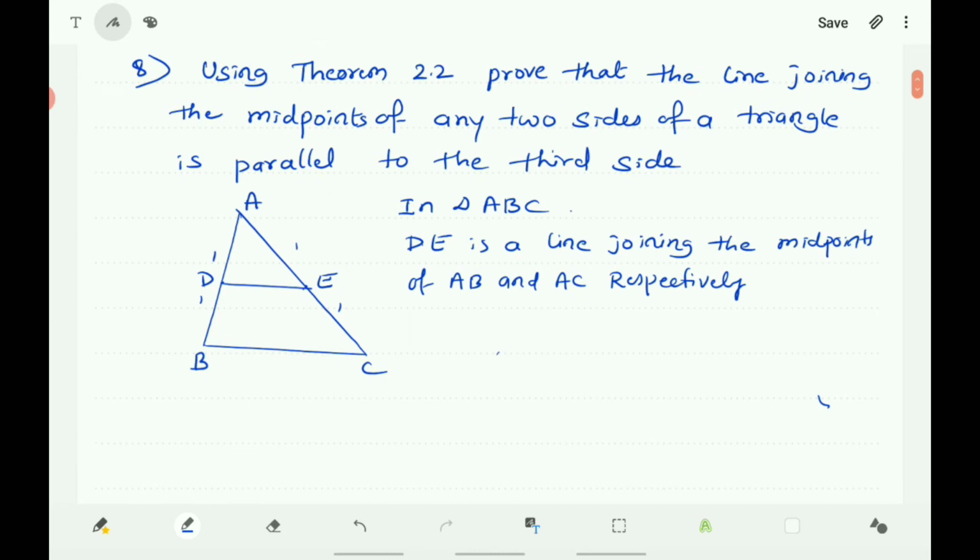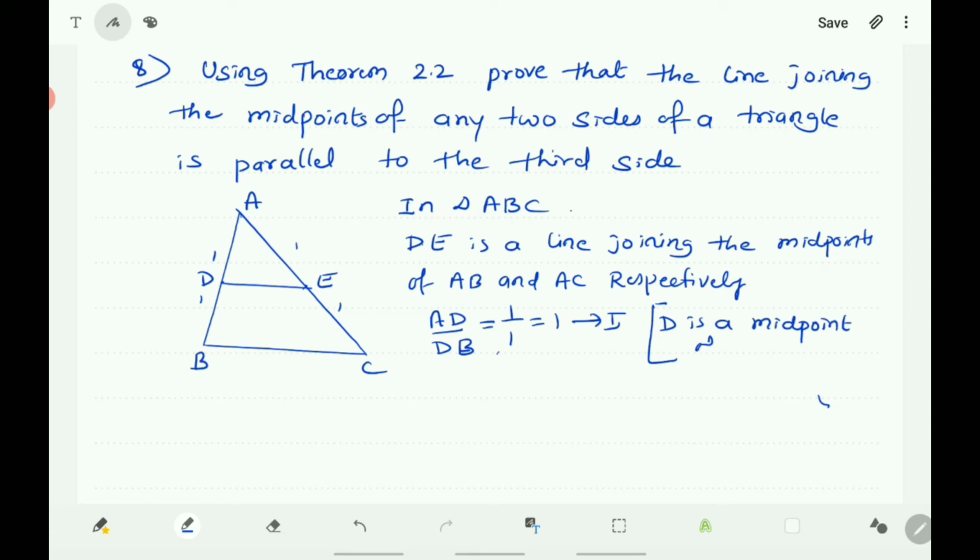So let us take here, as D is a midpoint of AB means you know that AD and DB are equal, that is AD by DB is equal to 1 by 1, that is 1. You consider this is first here. Here the reason is D is a midpoint of AB.